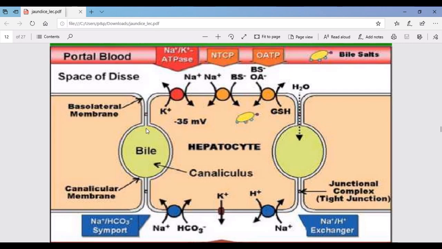Because the canaliculus has no wall of its own; it's just the wall of the adjacent hepatocytes. It's because of tight junctions closing the distance here, causing the bile canaliculus to be segregated and partitioned from the portal circulation.